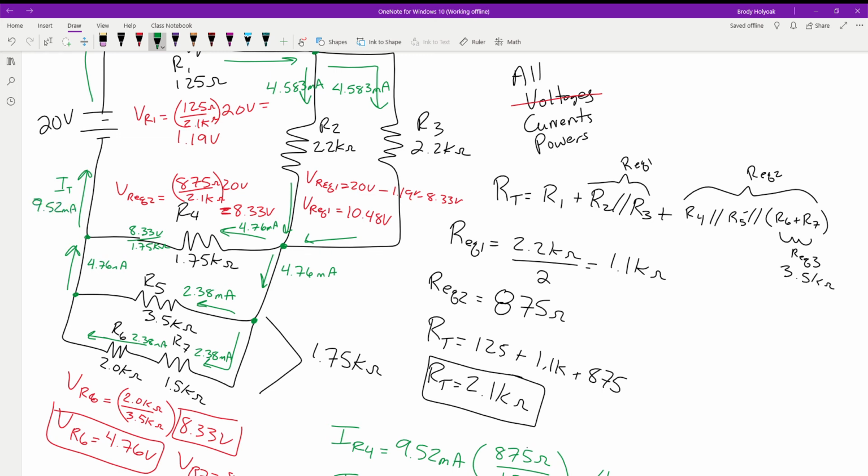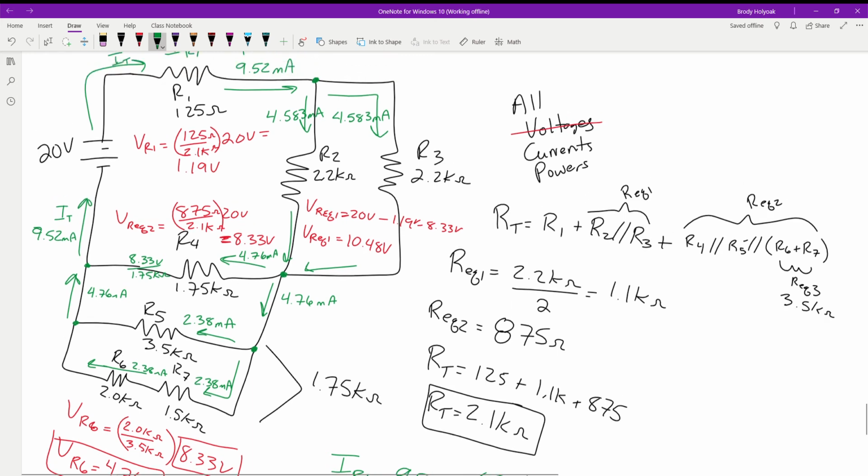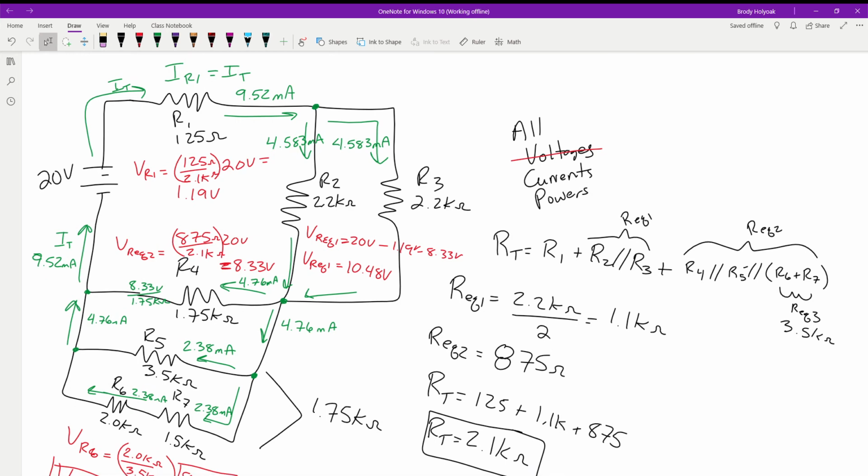We're back to our original value that we started with. So we should have the 9.52 coming out, 9.52 going in, and we should be able to account for every bit of current and every bit of voltage in these circuits. That's one of the cool things about series parallel circuits, is we can actually watch and see how this is going to split and make calculations and assumptions based on these.